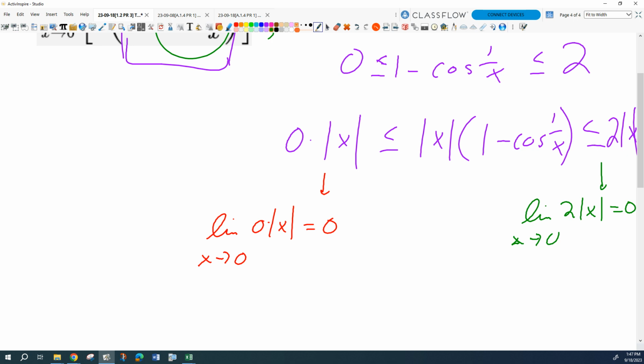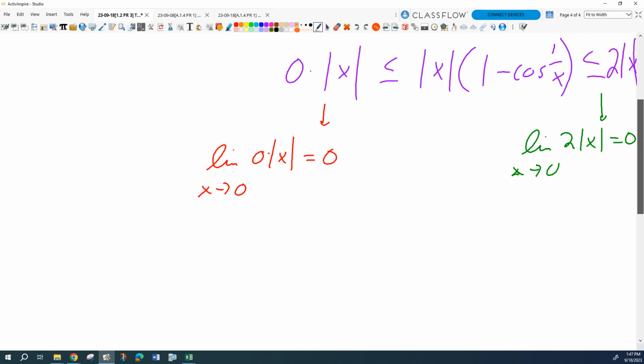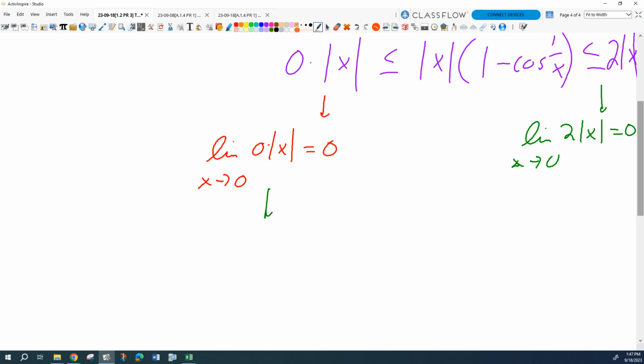I've got to give you a chance to think about this. If the limit of 0 times the absolute value of x as x approaches 0 is 0, then you tell me what's the limit of just 0 times x as x approaches 0? Yeah, it's still 0, isn't it? Has to be, right?